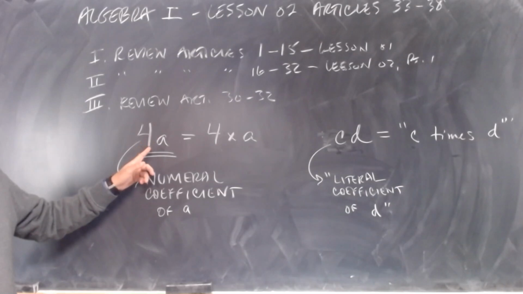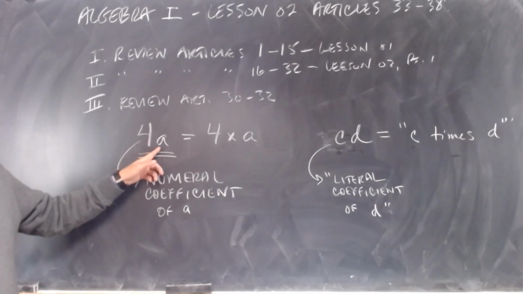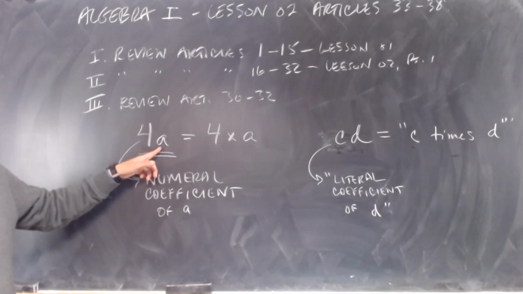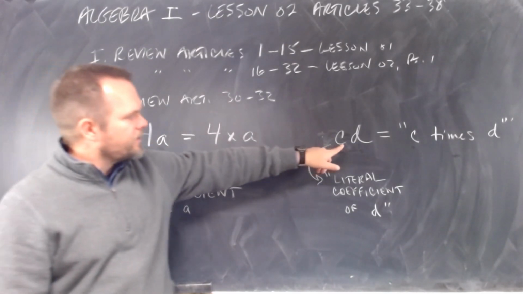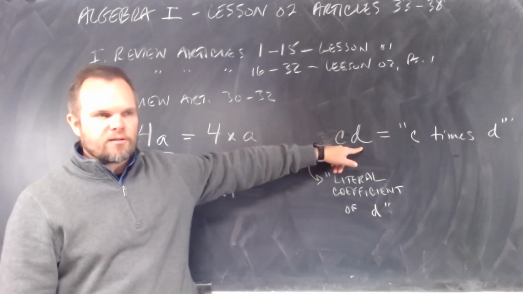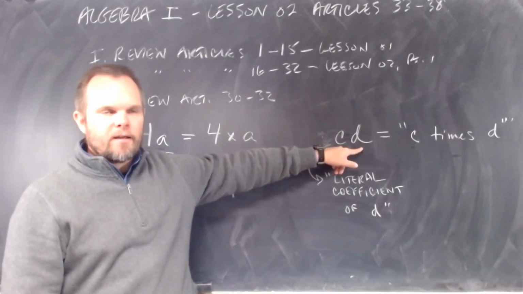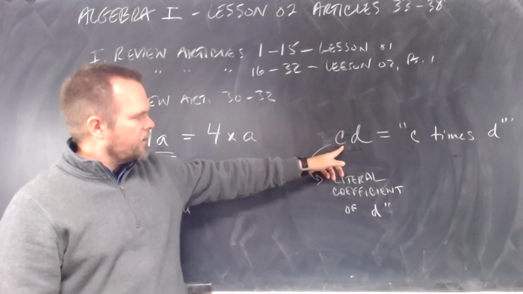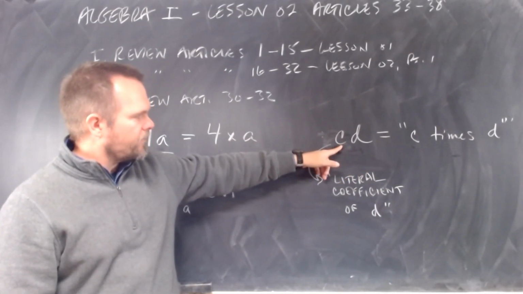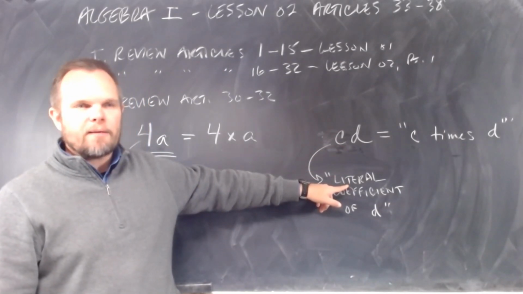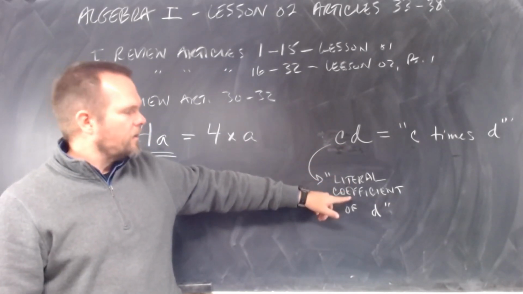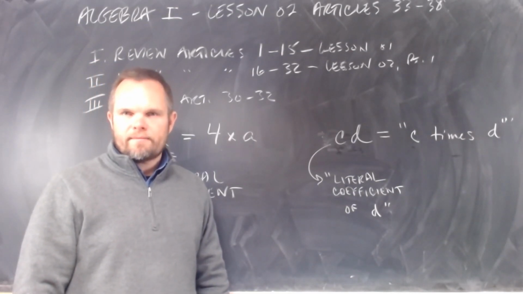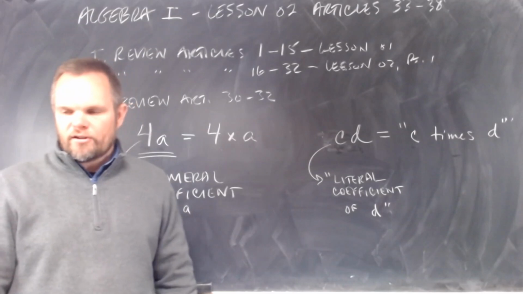They're multiplied together. 4 is the numeral coefficient of A. Here, C and D are coefficients. They're factors of each other. They're coefficients. But C is the literal, that means a letter, literal coefficient of D. Got that? So we have two kinds of coefficients.